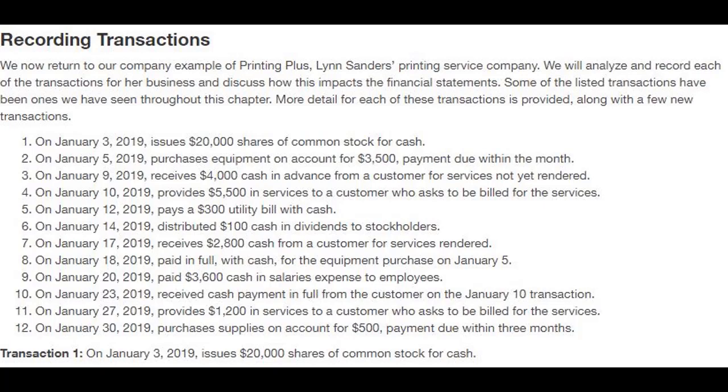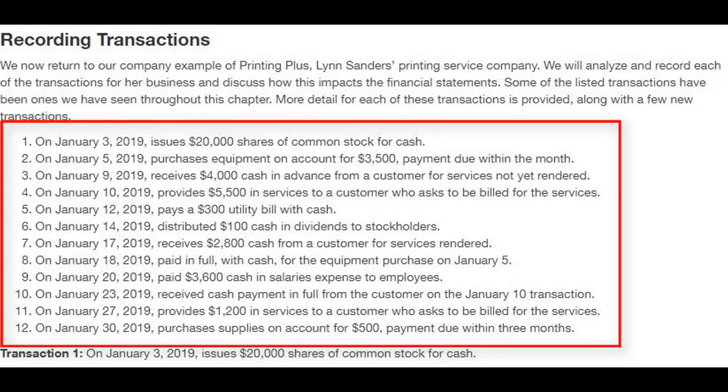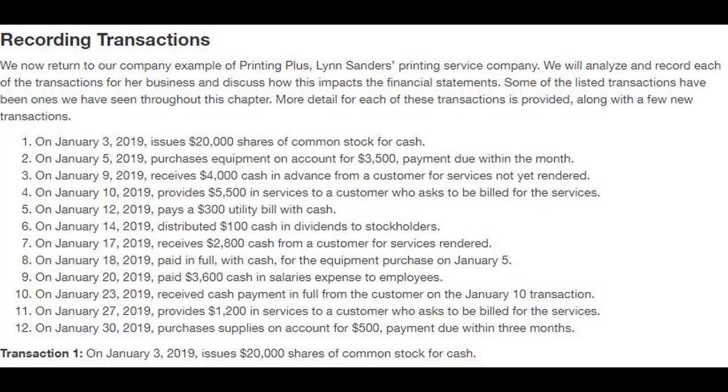Within that subsection, there is a smaller section called Recording Transactions. It gives you a list of 12 different types of transactions, and I am going to walk you through 2 or 3 of these illustrative transactions.